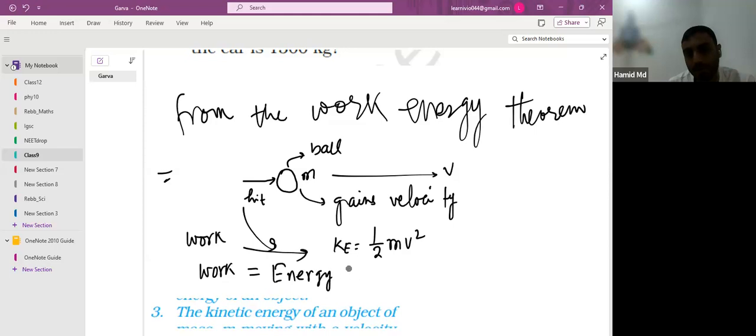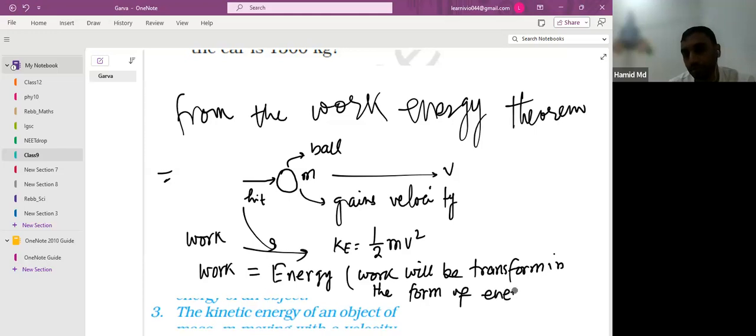Work will be transformed into the form of energy. We have two types of energy, either kinetic energy or potential energy, that is kinetic energy plus potential energy, right?